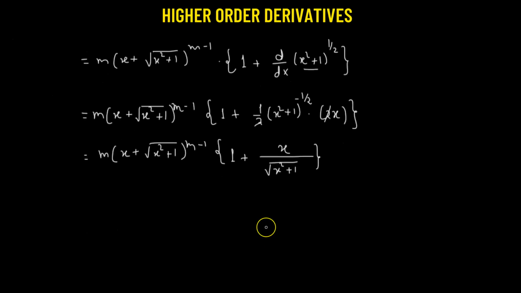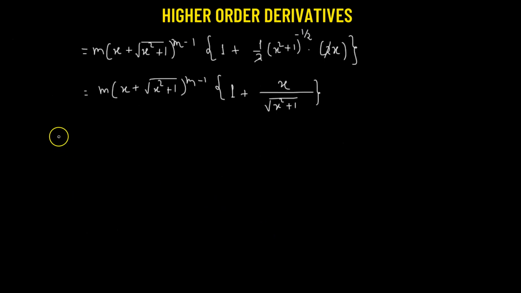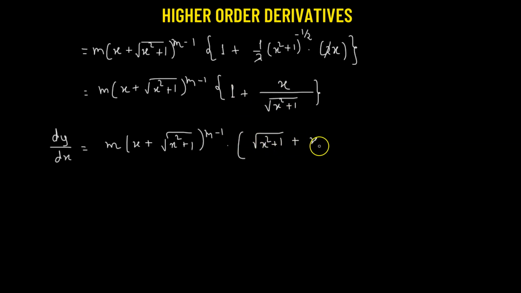Now we will add these two terms. So that means we have the derivative of y with respect to x. So this will be equals to m times (x plus square root of x squared plus 1) whole thing raised to the power of m minus 1. And when we add the two terms, we have square root of x squared plus 1 plus x divided by square root of x squared plus 1.